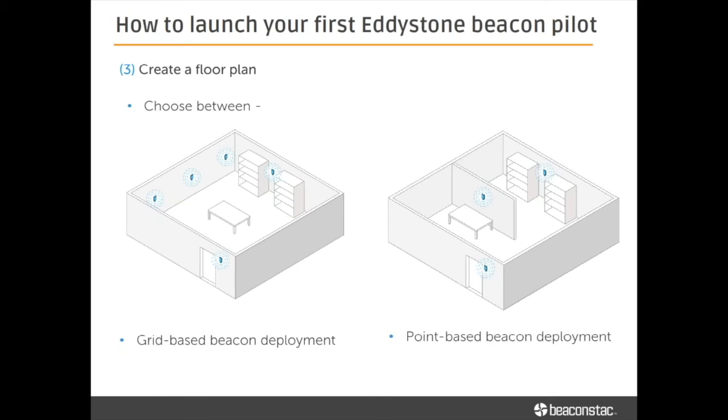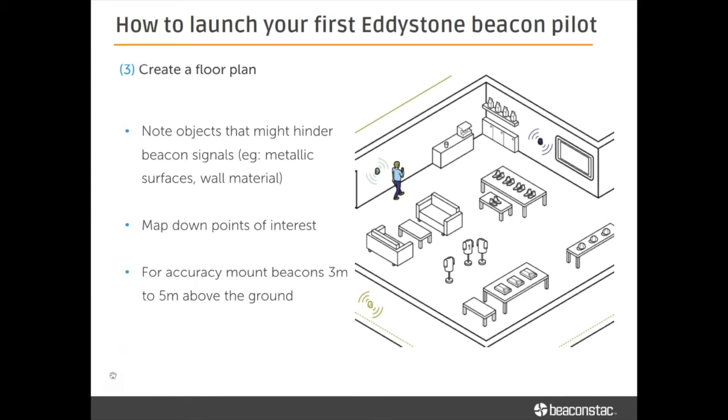Now, once you've chosen the kind of deployment that you want to go ahead with, you need to survey the space for obstacles and other challenges. By obstacles, we mean anything like a metallic wall or a water body nearby, because essentially concrete, water, and metal are all opaque to Bluetooth.